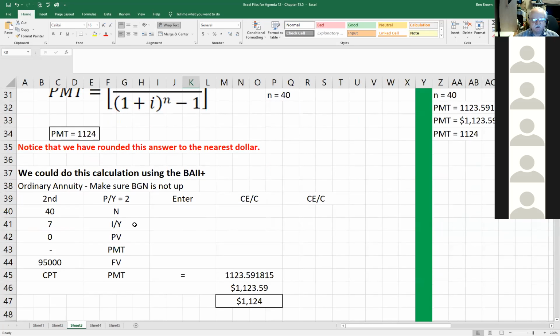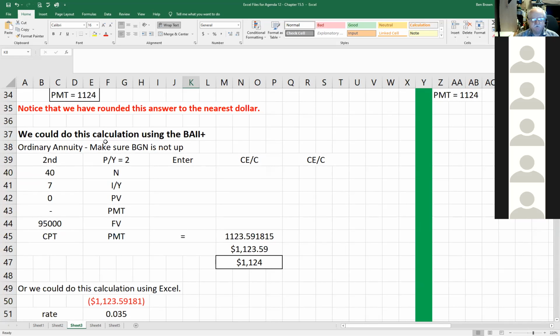We could do the same calculation on the BA2 plus. We have to make sure BGN is not up as we used it previously, but we don't want it there now. It's semi-annual. We're going for 40 periods.